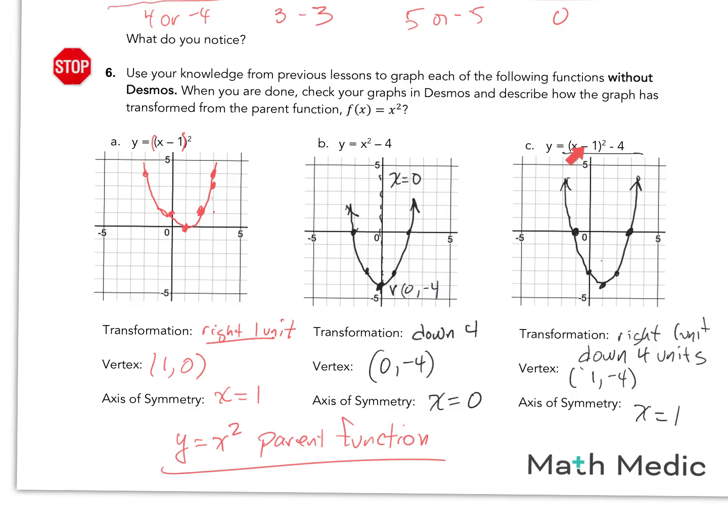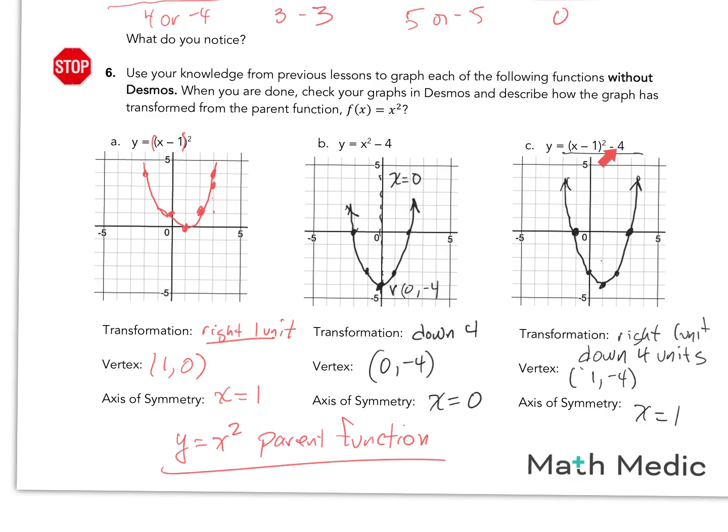And again, it's because this thing has been made smaller in order to be where it was in the parent function, y equals x squared. Y needs to be 1 larger than it was before, so it shifts to the right to be the same graph, shifted to the right.